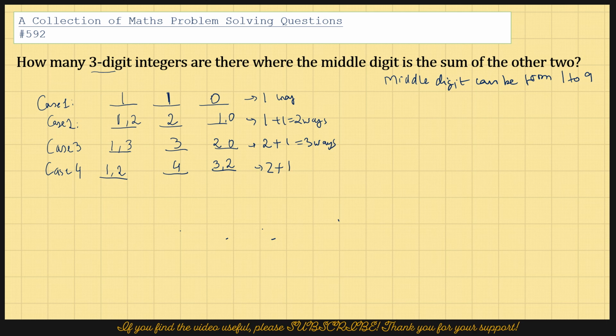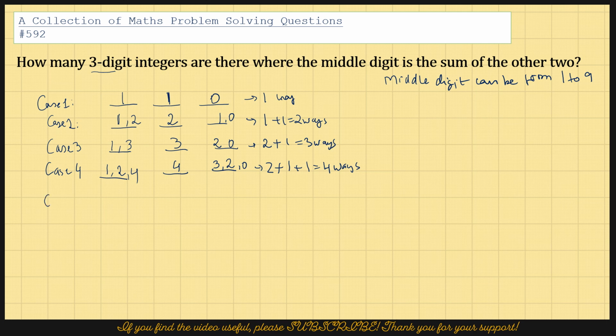Putting a 3 would mean a 1, which we've already considered. The only other option is a 4 and a 0, so plus 1. That is 4 ways. So you can see the pattern forming.